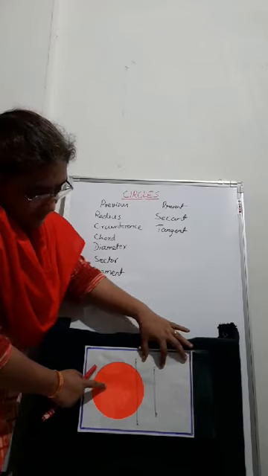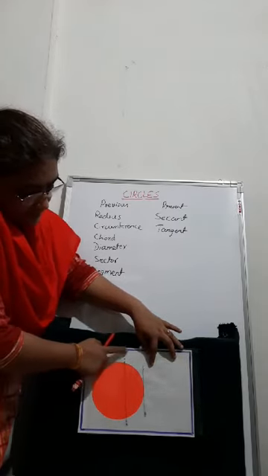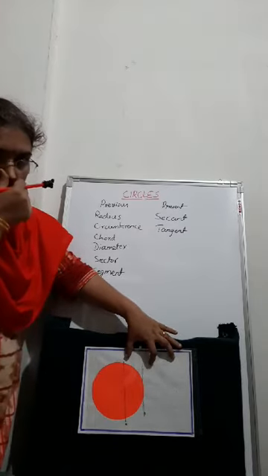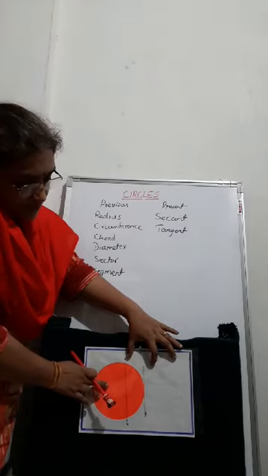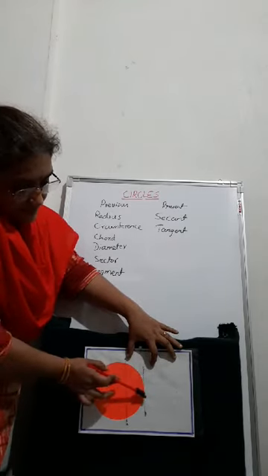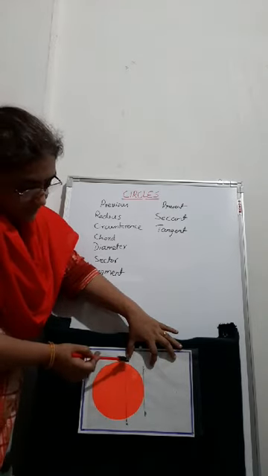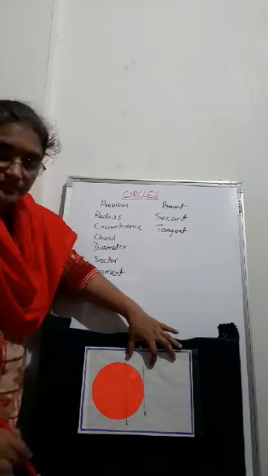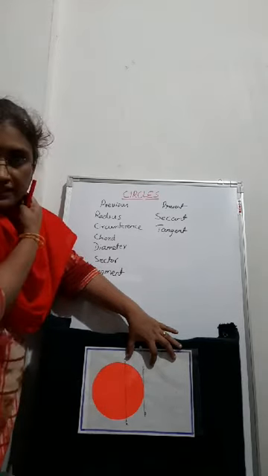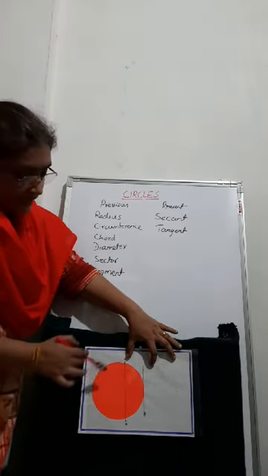Again I will slide. Again this line is not touching the circle. Now see this line now. This AB line touches the circle at one point. Then this PQ line also is going by intersecting the circle.